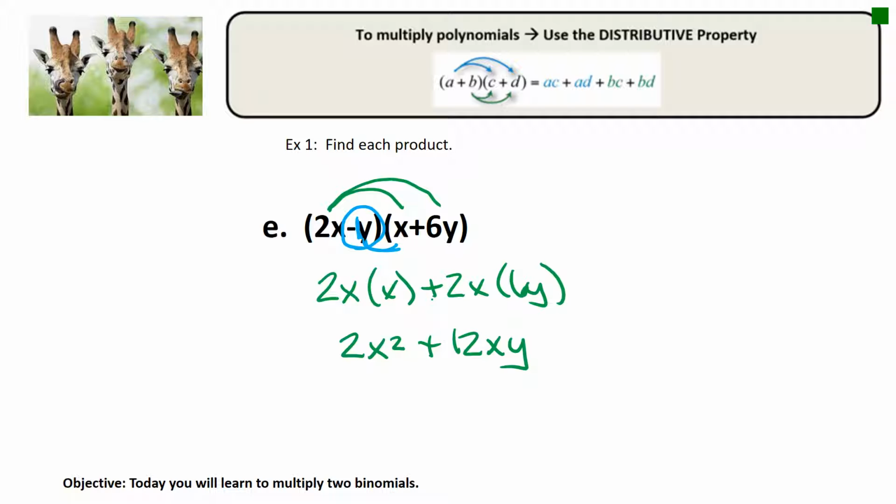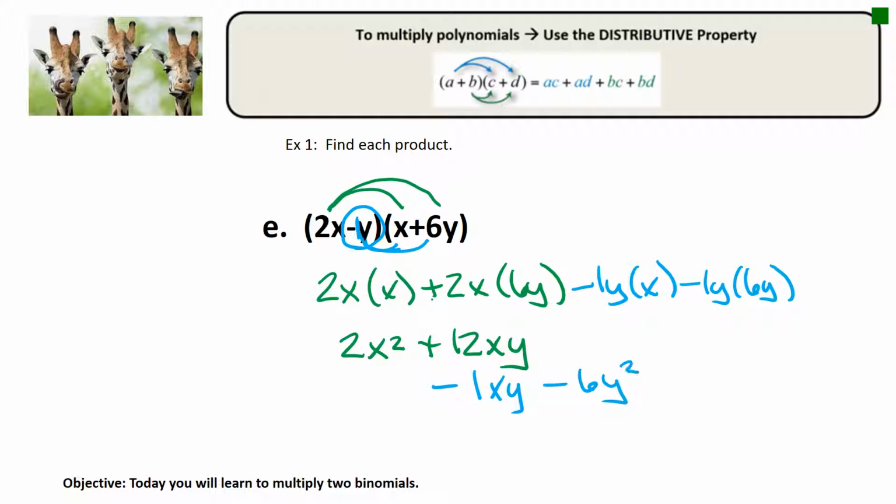Now that's an x and a y together, a negative 1y times x, and we put them in alphabetical order, so it matches with that other xy. Got to sing the little alphabet song, A, B, C, D, F, G, H, I, K, L, M, N, P, Q, R, S, T, U, V, W, X, Y, Z. So x will come first, okay? Then that negative 1y times 6y, and that's a minus 6, and there's 2 y's, so it's y squared.